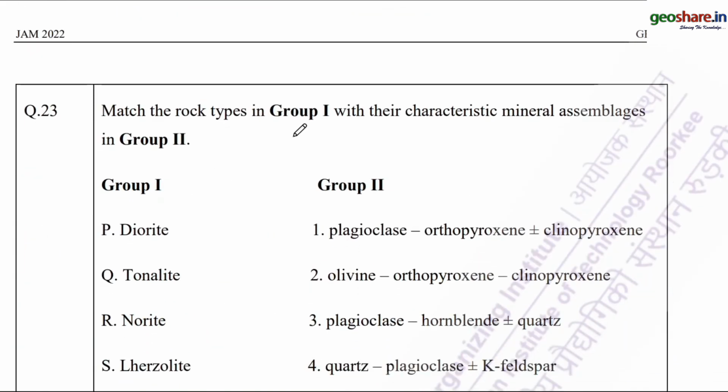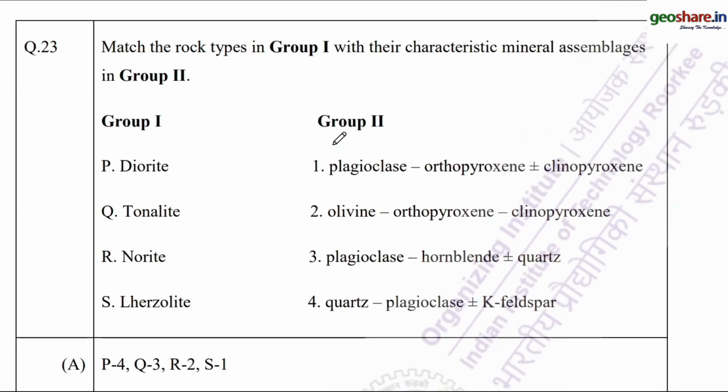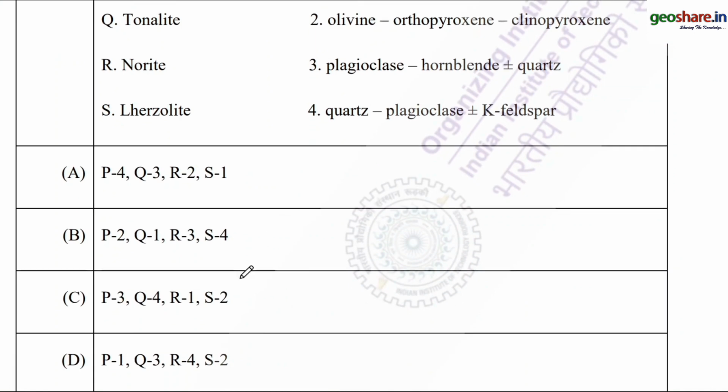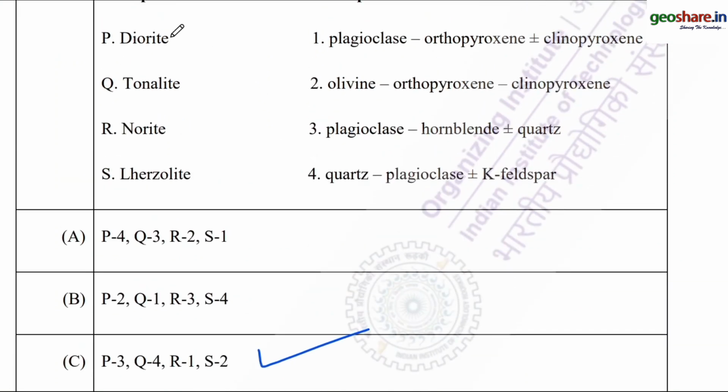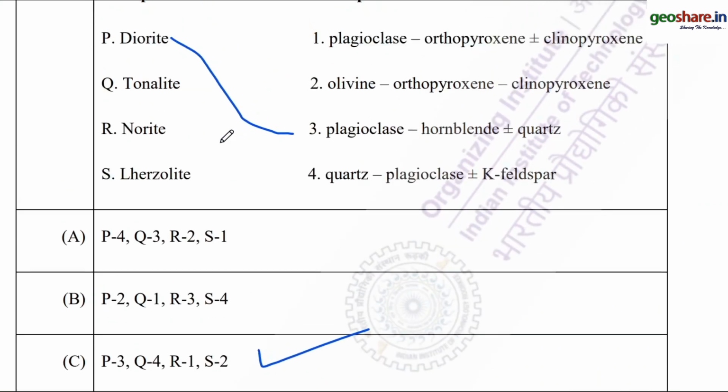Match the rock types in group 1 with their characteristic mineral assemblage in group 2. P3, diorite, plagioclase plus or minus quartz. Quartz, plagioclase.